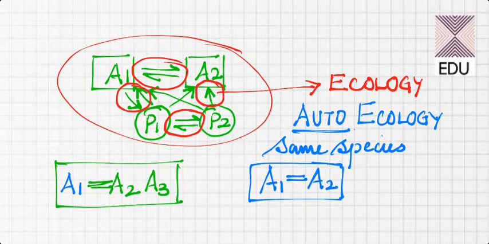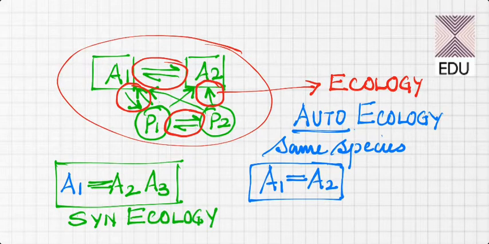So this is not autoecology. This is called synecology. So these are the two major branches of ecology: one is autoecology and the second is synecology.